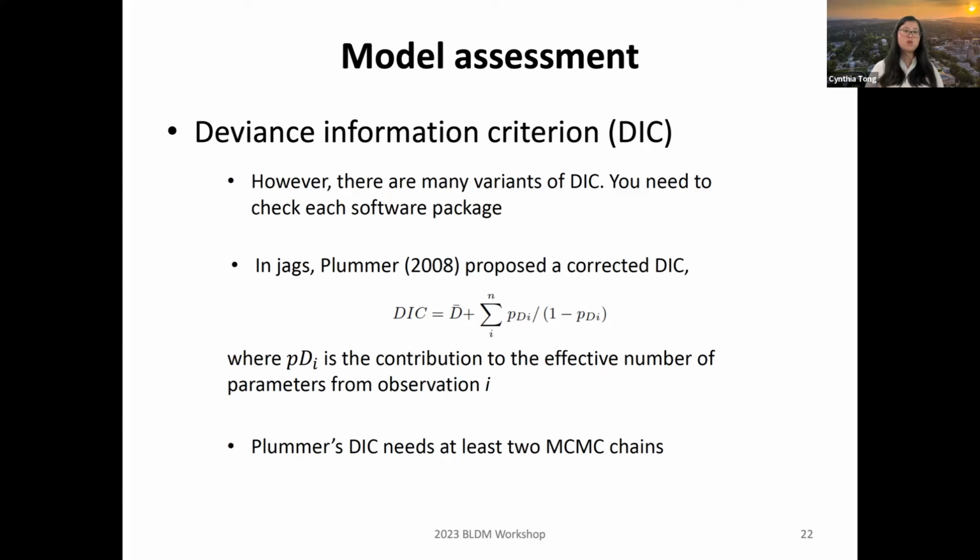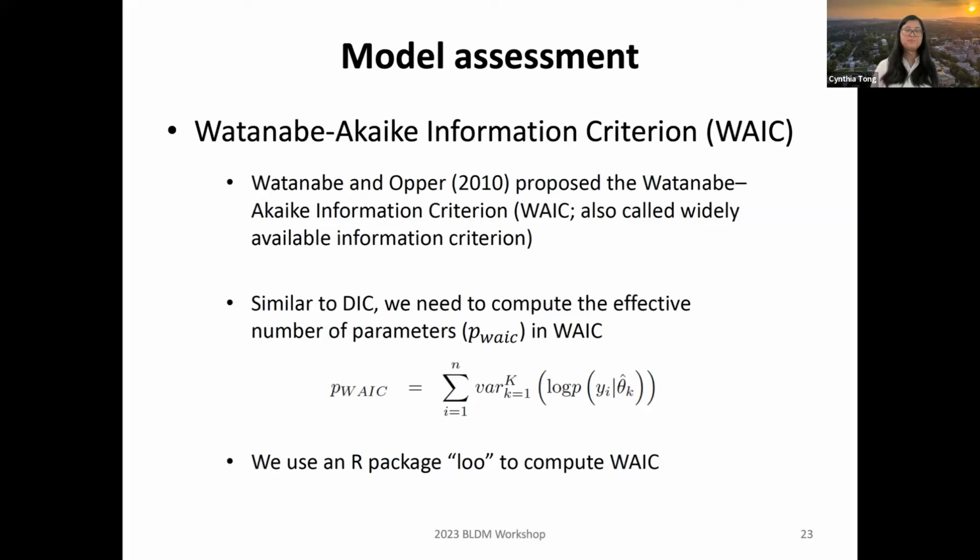But again, like I said earlier, the DIC calculated based on the rjags package is based on the conditional likelihood. So when the models have latent variables, it's not recommended to use. So we're going to use WAIC for growth mixture models later. Okay, WAIC was proposed in 2010, and it's also called the widely applicable information criterion.